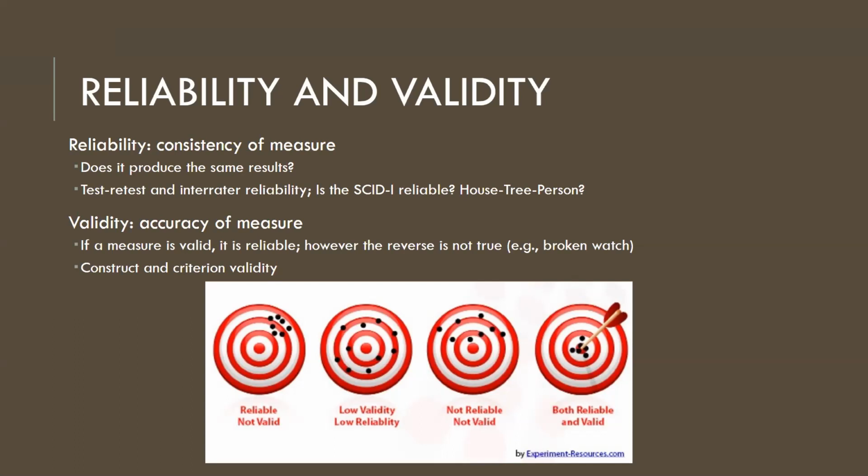So this is where projective personality tests have a lot of problems, because if I asked one of you guys to draw a house, a tree, and a person, and then I asked the rest of the class to write down what they thought your drawing skills said about your personality, I would likely get 30 some different responses.